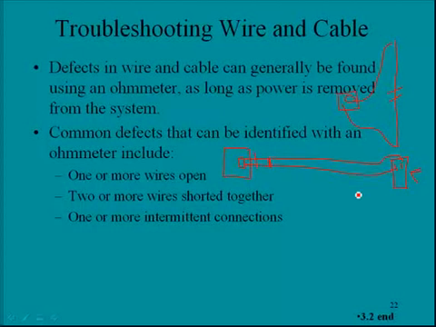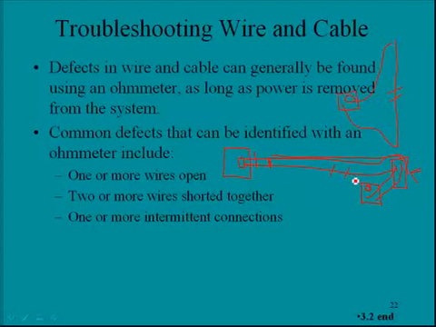Then they would come over here with their ohmmeter, and they could measure this point and measure this point, and they should read 0 ohms because they're measuring from here through the circuit back over to here. Now, if they read infinite ohms, it means that there is a break in this wire, and then something has to be done about it. But that's just one application of using an ohmmeter to diagnose an open wire.